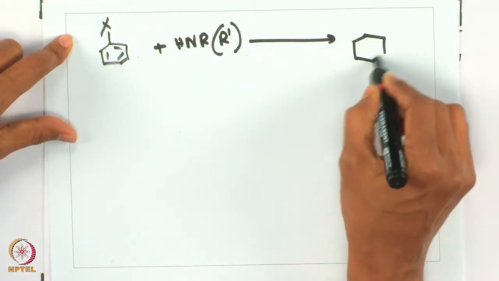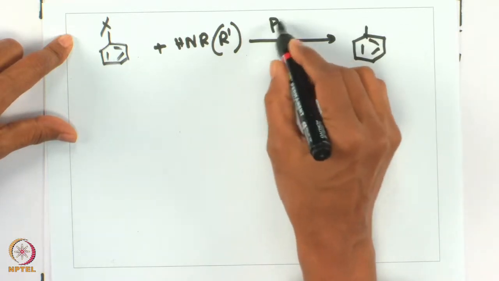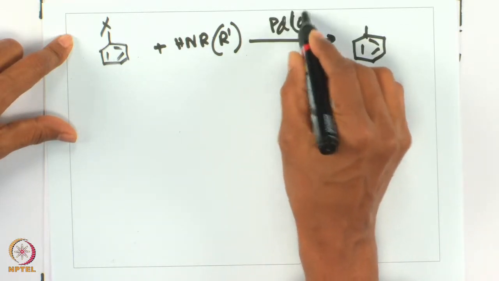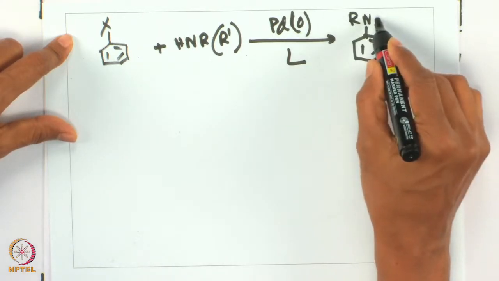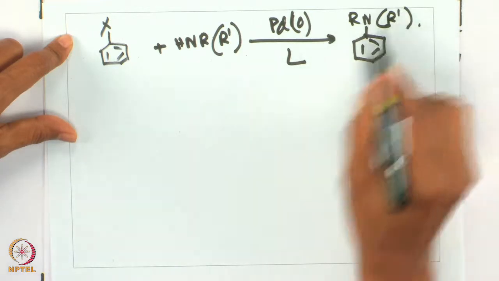We are of course taking palladium 0 as the catalyst and ligand, and base and solvent are of course there. What we get is Ar-N(R)R', this is the species.